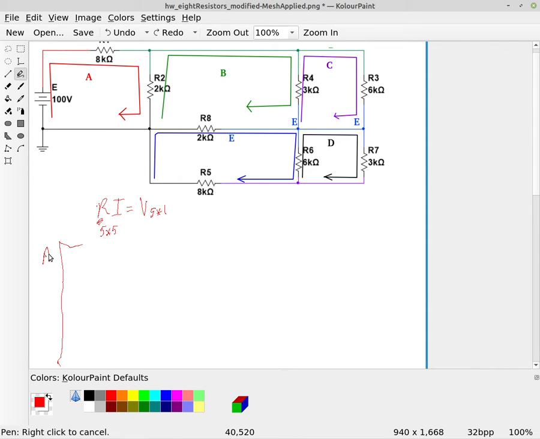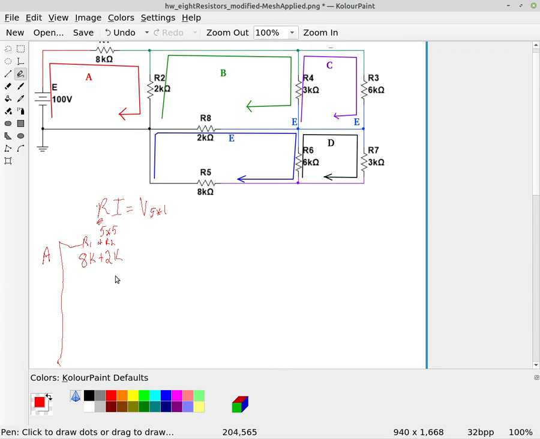So we're going to have the 8K plus the 2K, and those are the only 2 resistors. That's resistors R1 and R2. Those are the only 2 resistors that are touching A.